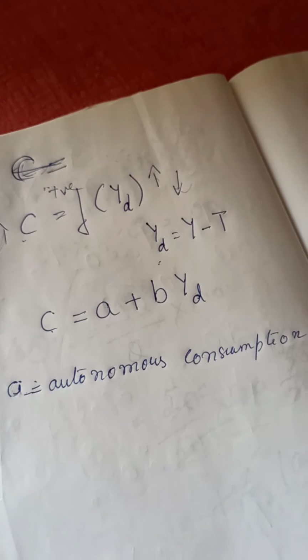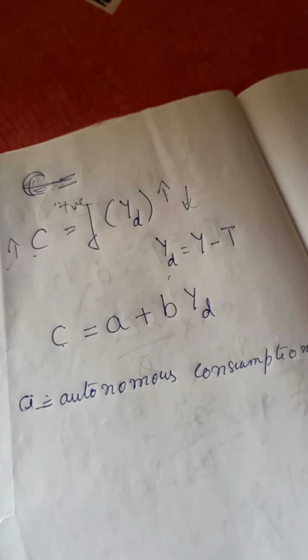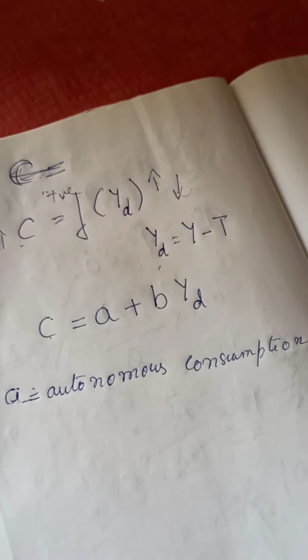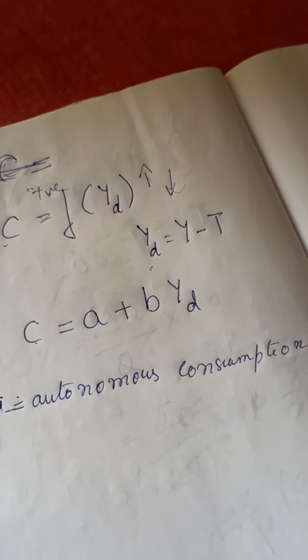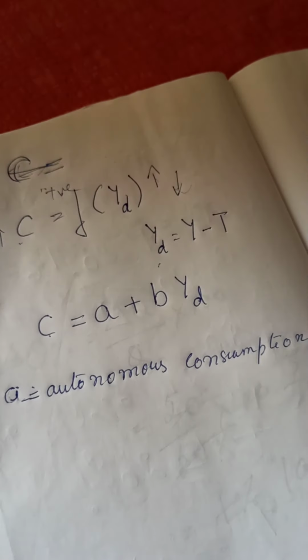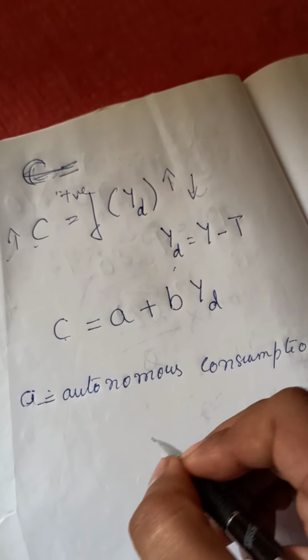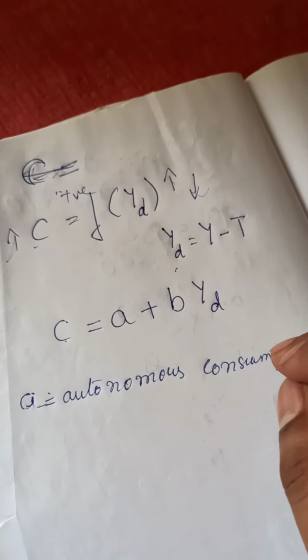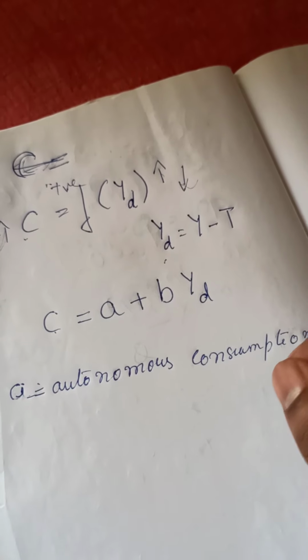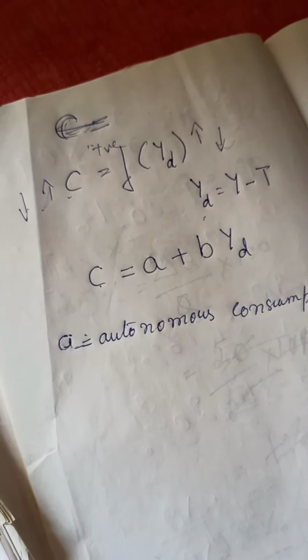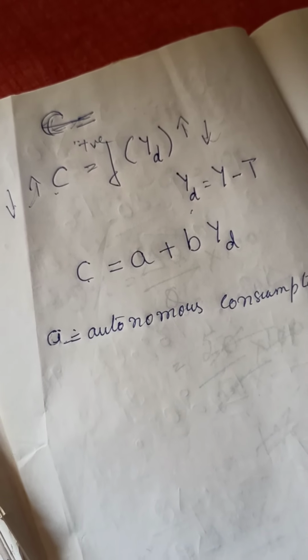The income level of beggars is zero. Does that mean they are not consuming anything? No, they are consuming, but through borrowing or by begging. So this is the amount of consumption that we do when our income is zero. So A, or autonomous consumption, is independent of your disposable income level.